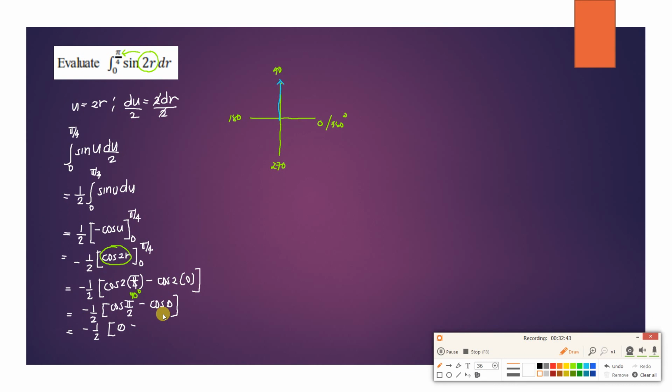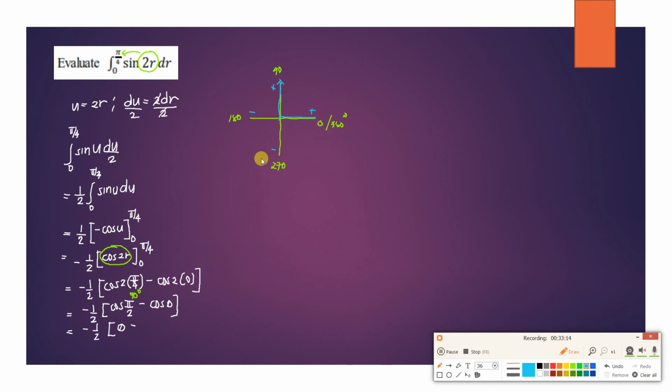Nasa first quadrant. Sa first quadrant, ang x ay positive. Dito naman, negative si x. Dito naman sa y, positive, negative. So, may value tayo ni 0, which is 1. Unit circle yan.